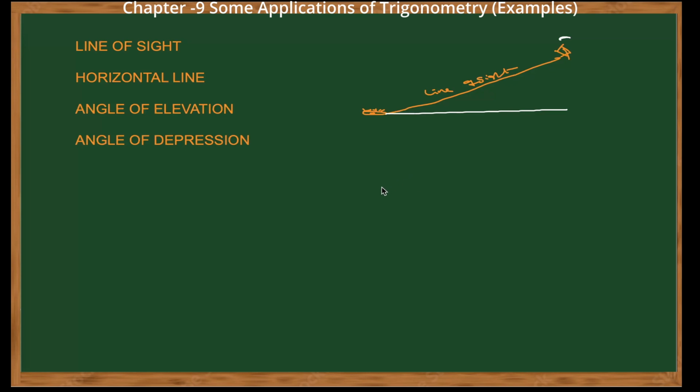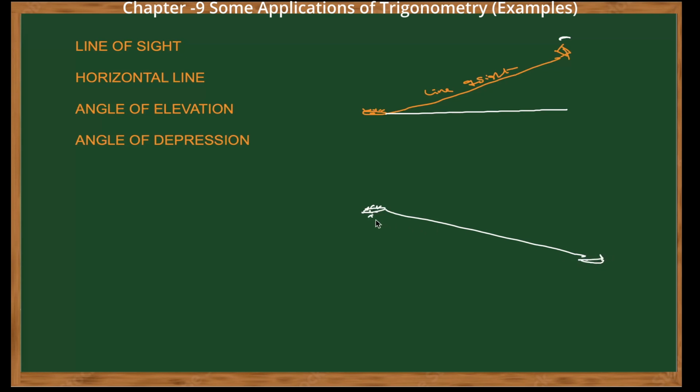Similarly, if you look down, so you are standing at some place at the top. Assume you are on a bridge, and from there you're looking down at the river. Say there is a boat.